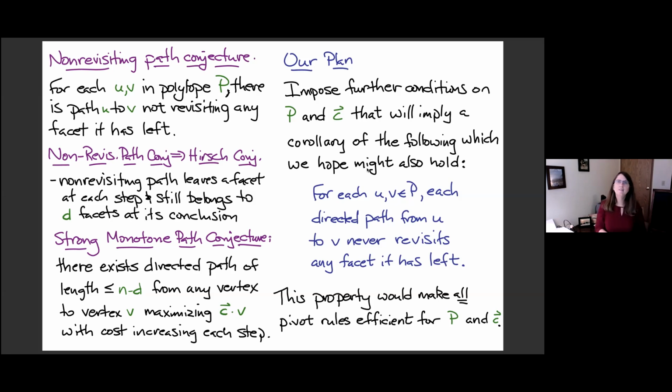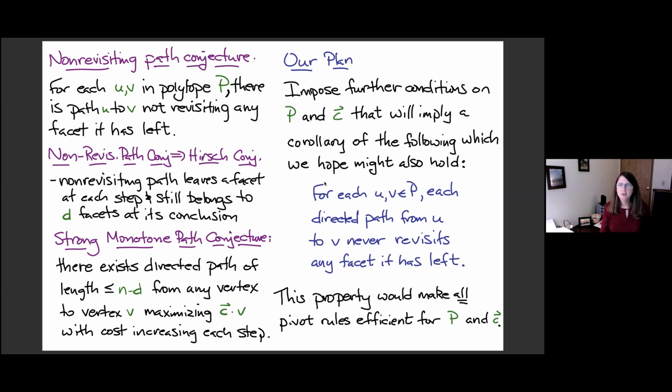Maybe you could say that if P has these properties and c has these other properties, then no matter what directed path you pick, it never will revisit any facet that it has left. I conjecture what some conditions may be, and while that's still open, I've proven a corollary of the conjecture, which I think is evidence, and a bunch of lemmas towards the conjecture, and I really believe the conjecture.